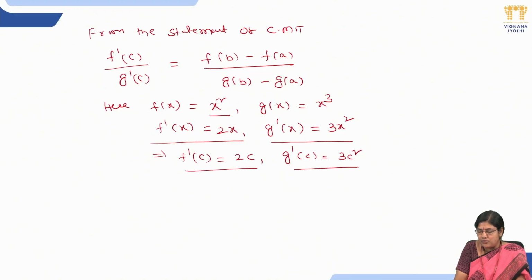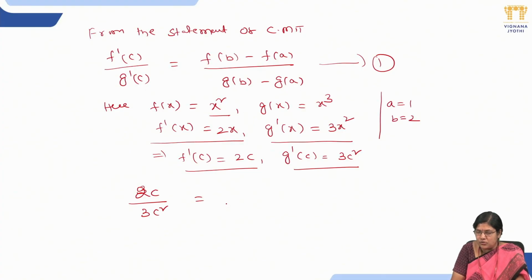Substituting the above values in equation 1, we have 2c divided by 3c square on the left hand side. Here a is equal to 1, b is equal to 2.